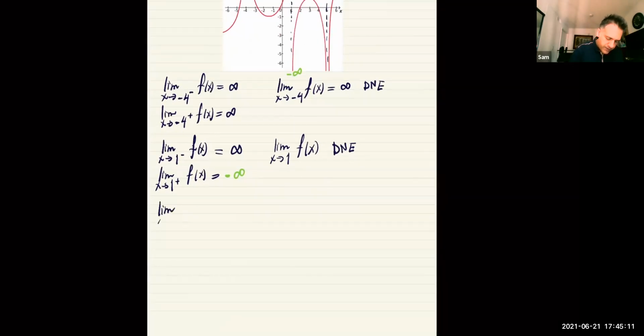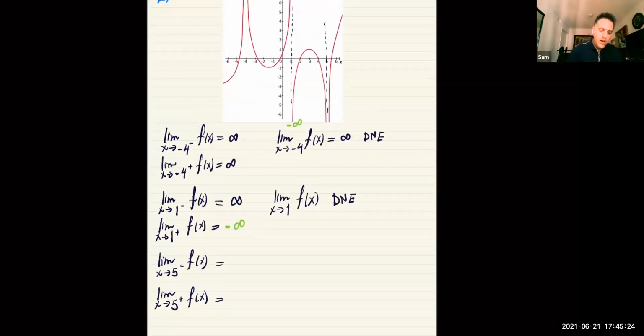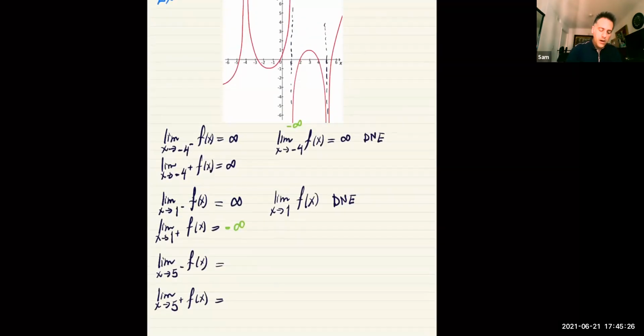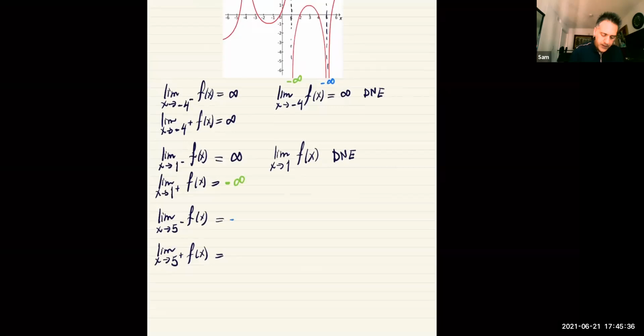So at 5, the function is just going down forever. From both sides of 5, the function is going down to negative infinity.